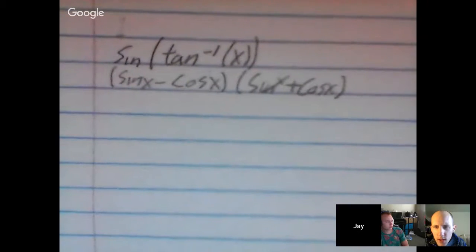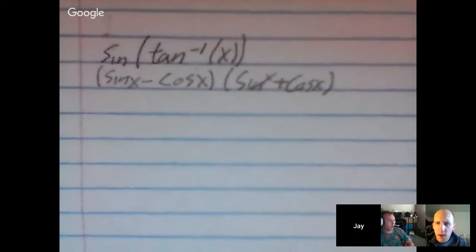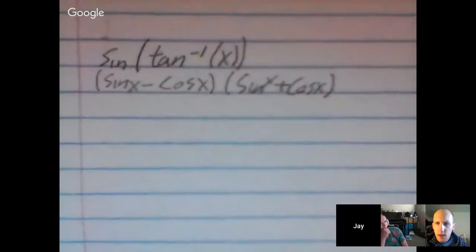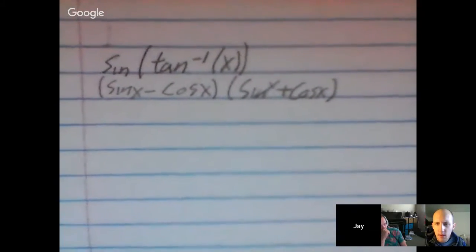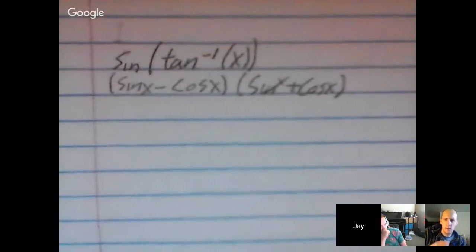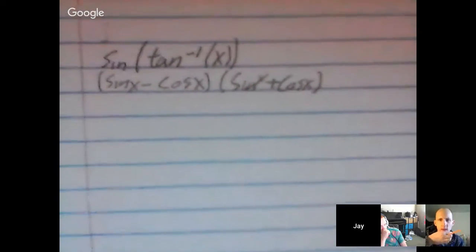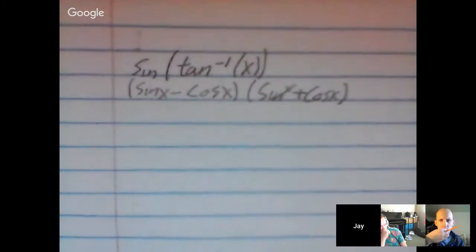So it became sine x minus cosine x times, is that a crossed out sine x? No, it's just like the bottom part is the whole thing. Oh, okay.